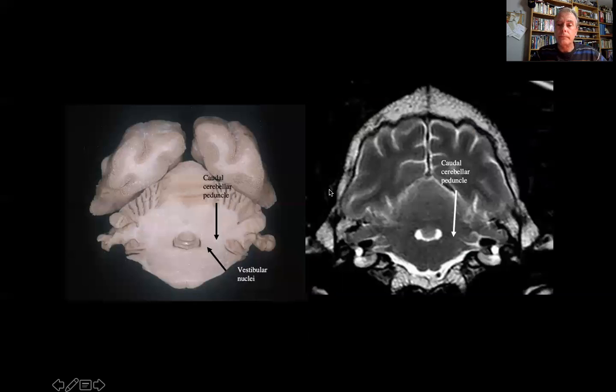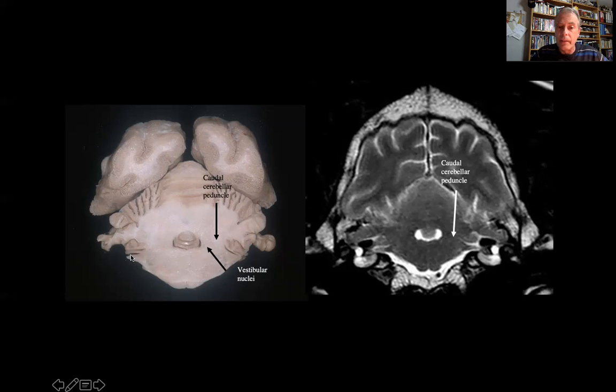The caudal cerebellar peduncle is quite big, and in this transverse section, it is easy to identify at the level of the trapezoid body. Remember the trapezoid body, these transverse fibers here.